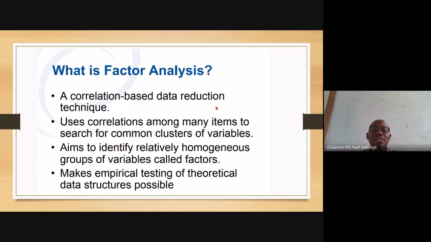So what factor analysis will do for you is to bring all these items together, take it to the computer, and ask the algorithm of factor analysis to compare those variables. We call them items in factor analysis. To compare them and then bring a summary for us in terms of reduction in the number of items that has been measured.